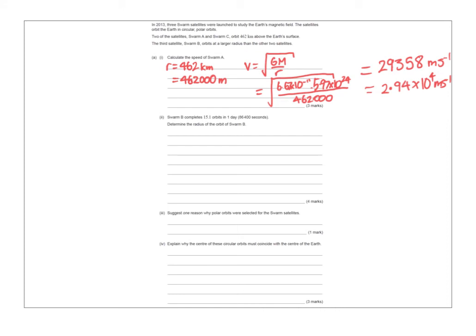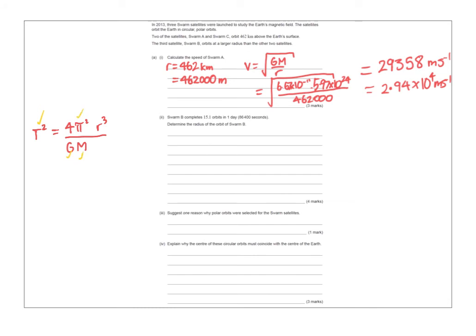Can I use this T squared equals 4 pi squared r cubed on GM formula? I'm going to be able to work out the period, and I know G and I know M, and I know 4 and pi.